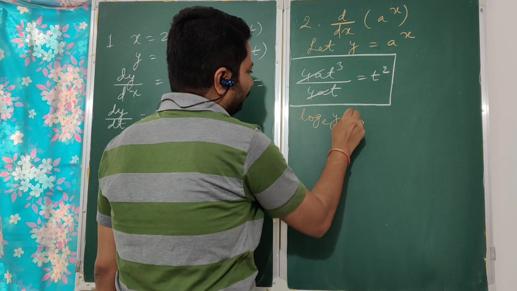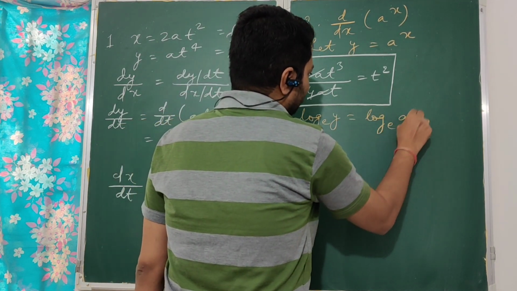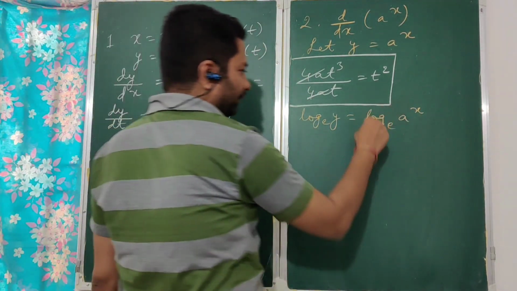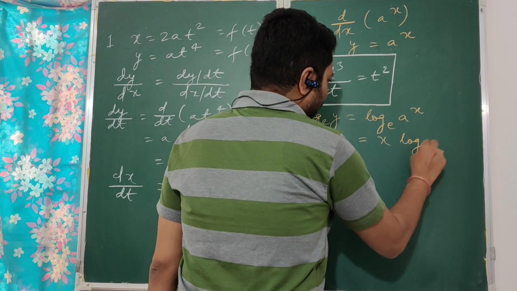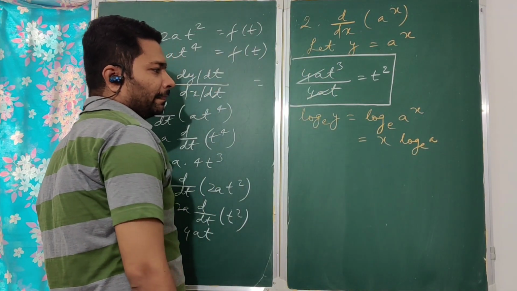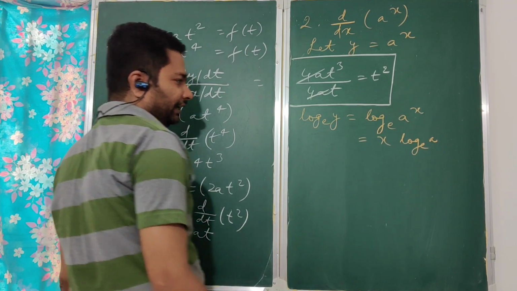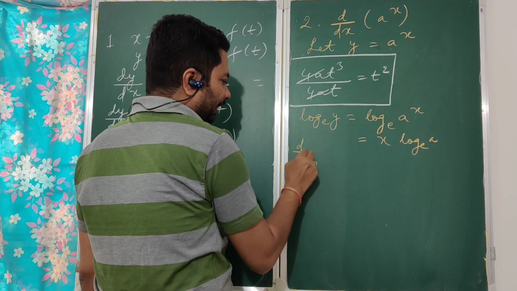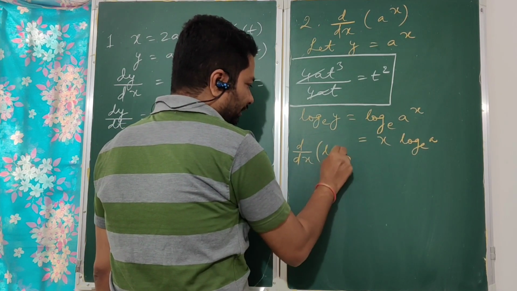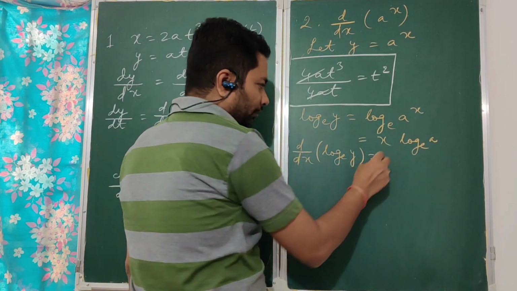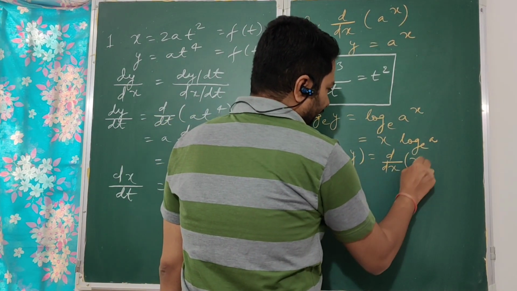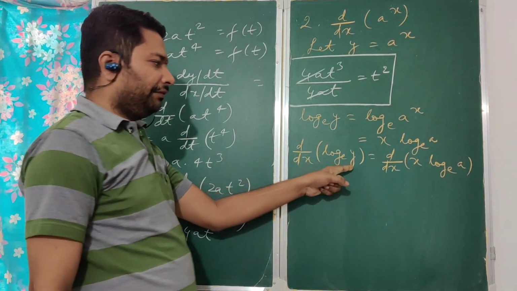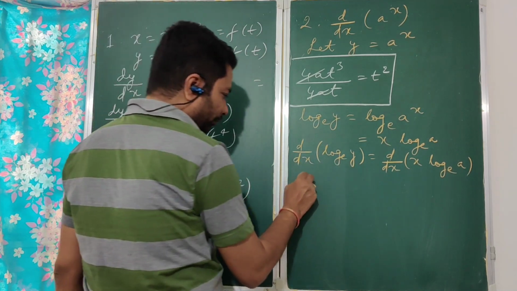So log to the base of e y, that is log to the base of e, a to the power of x. Now second step, differentiate it. So this can be written as x log e a. Correct? So now we can differentiate it. When you differentiate, you can write on left hand side d by dx of log e y, that is equal to d by dx of x into log e a. So here we are having y, here we are having x. So what should we do?